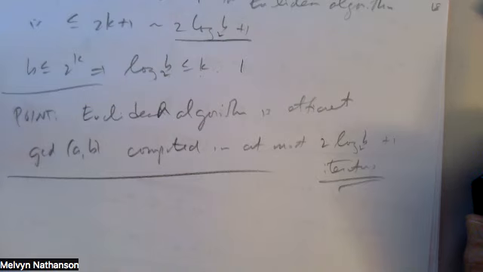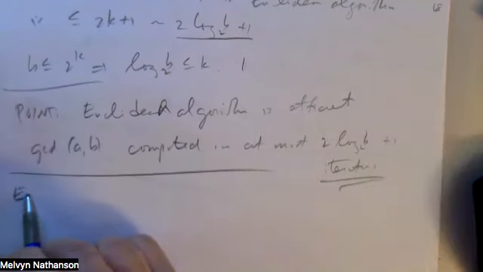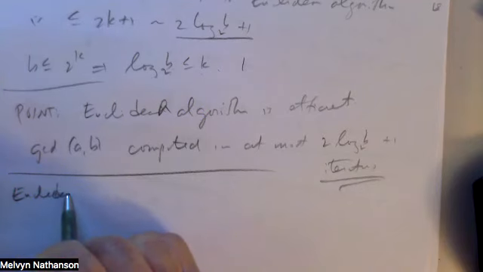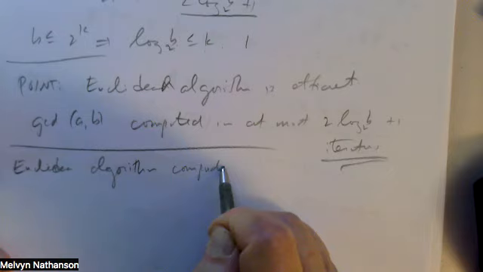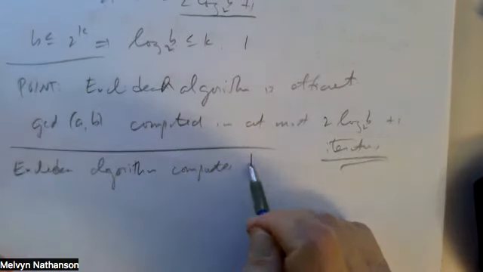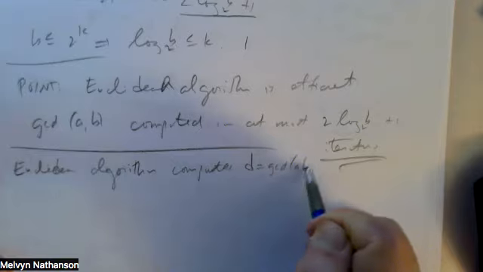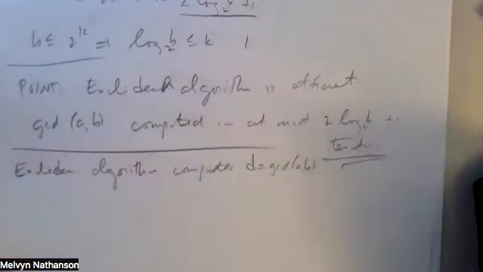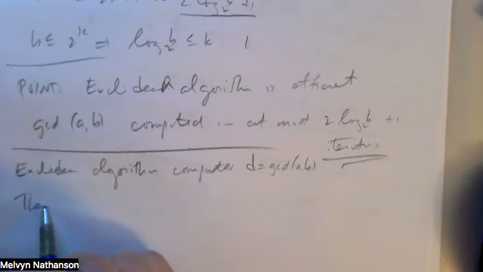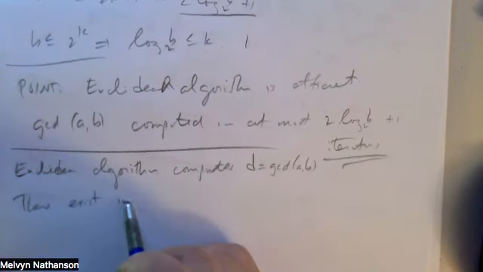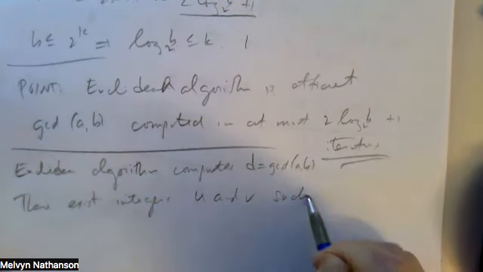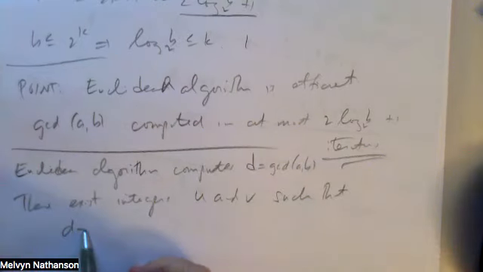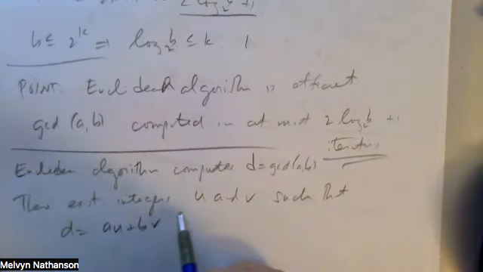The Euclidean algorithm computes, let's call it D, which is the greatest common divisor of A and B. And more than that, there exist integers U and V such that D is AU plus BV.